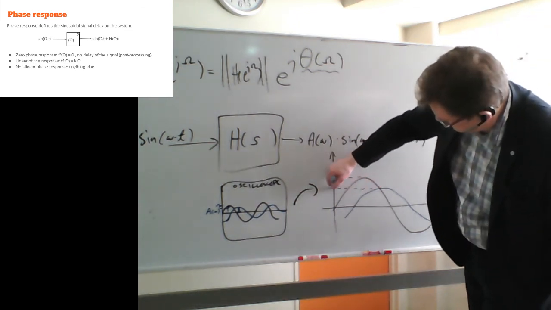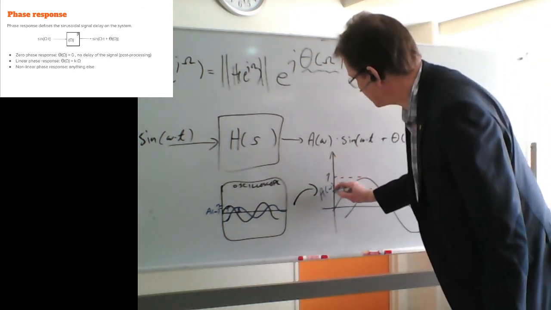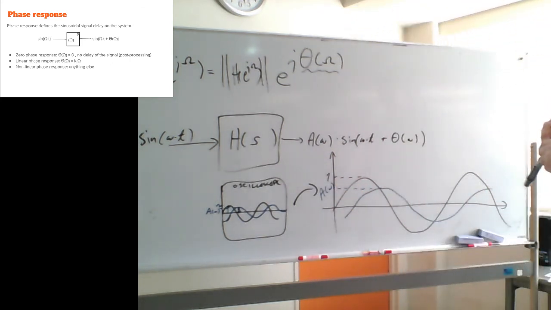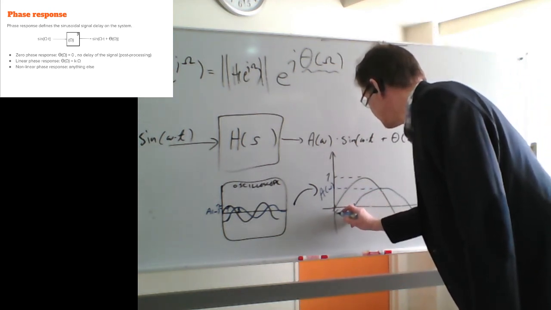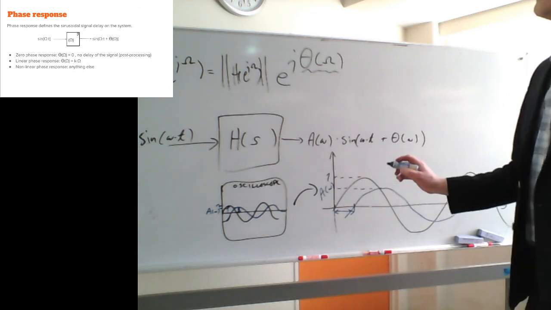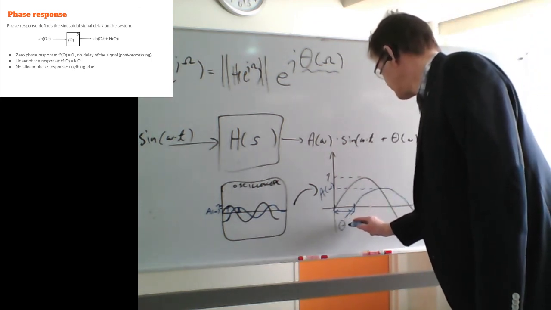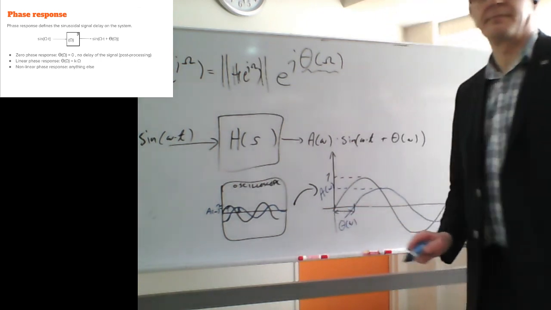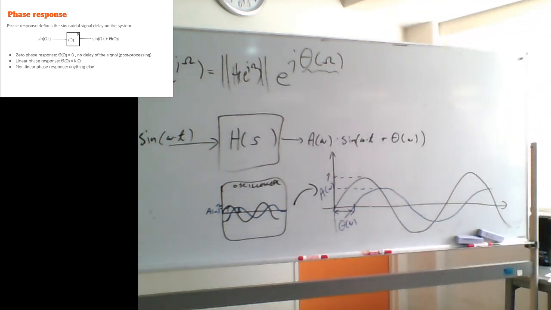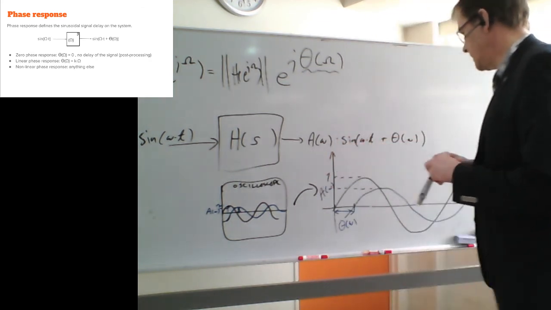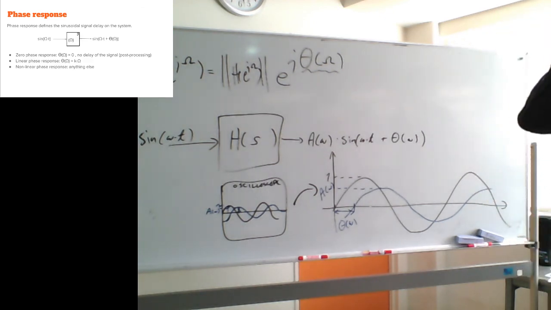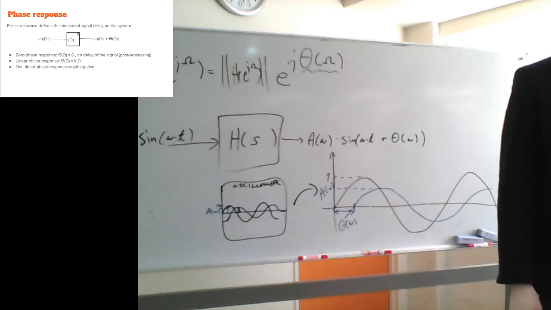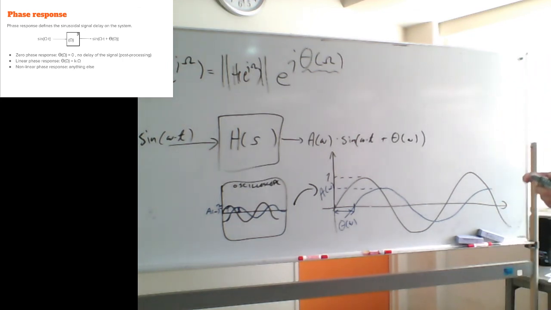Then that is A at this frequency, and this one here is the phase shift, in angle. Okay. There. So that's what the phase response actually is. It's time shift in particular.